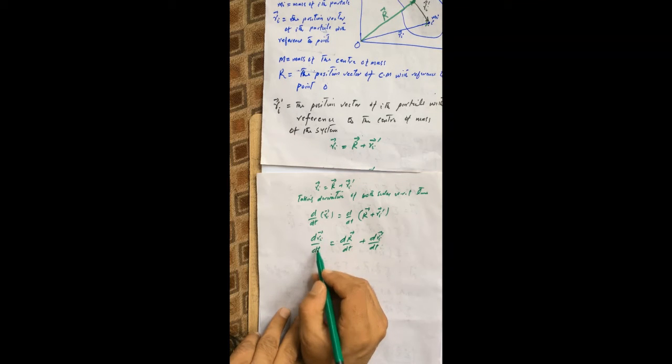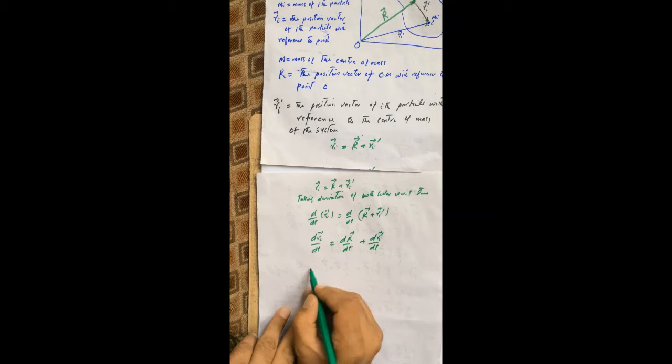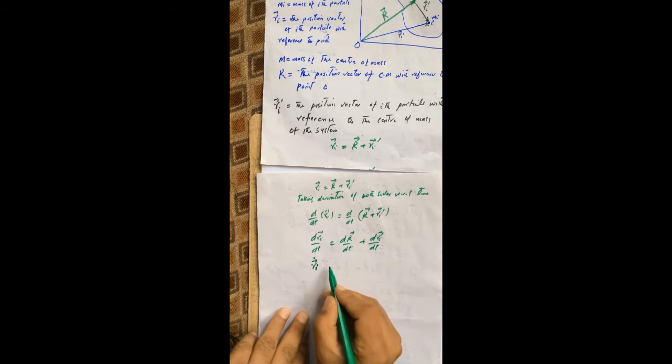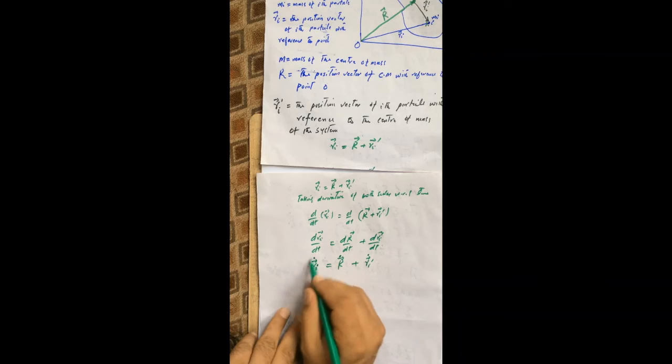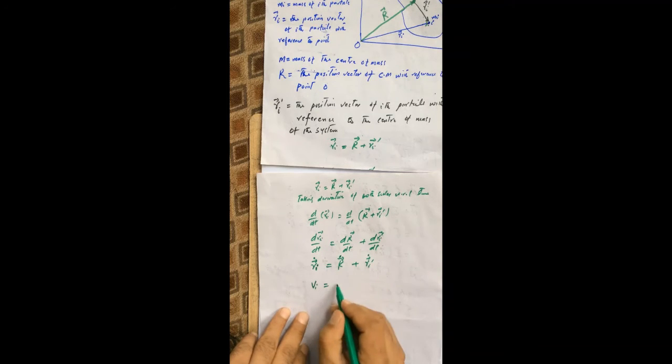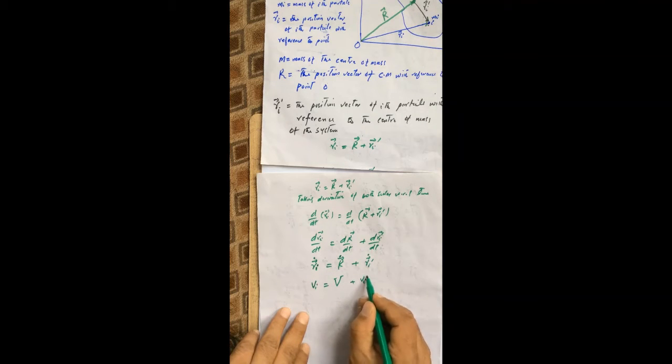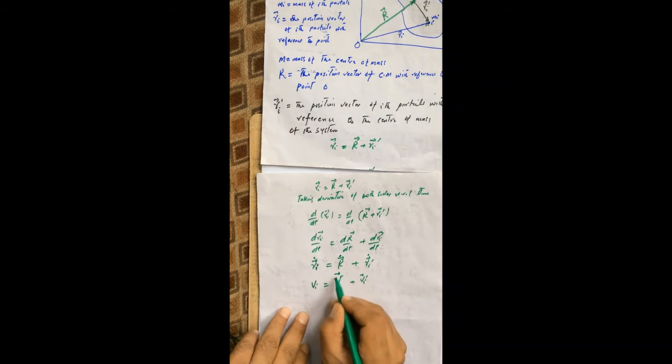This is the rate of change of displacement, which I represent by Ri dot, equal to R dot plus Ri prime dot. The rate of change of displacement is basically velocity, so I represent it by Vi, this capital V is also a velocity, and this smaller v is also a velocity. So these are our velocities.